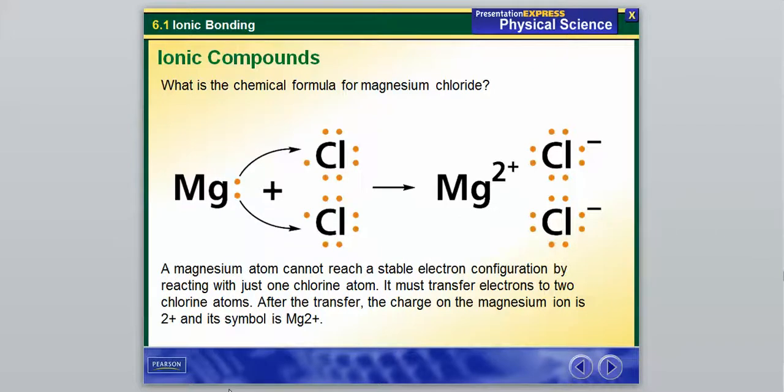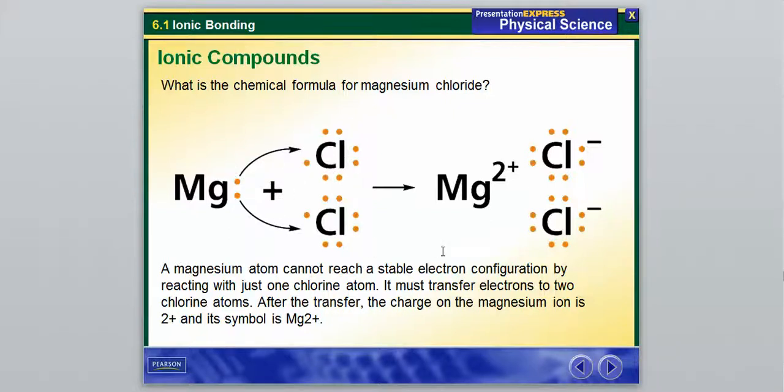A magnesium atom cannot reach a stable electron configuration by reacting with just one chlorine atom. If it reacted with just one chlorine atom, we'd have magnesium with just one electron left and a stable chlorine. That's not going to make magnesium very happy. If magnesium is going to donate one, it's going to want to donate the other as well.